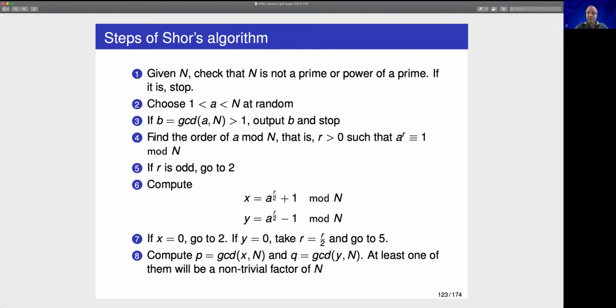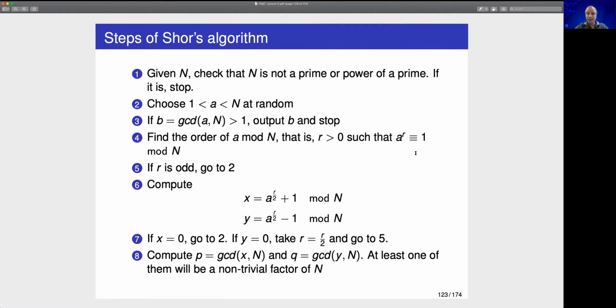Step number 4 is the one that we are going to do on the quantum computer. I will explain more about this later on. But the idea here is that we want to find what we call the period or order of a mod n. That is a number r, an integer bigger than 0, such that a to the power r mod n is equal to 1.